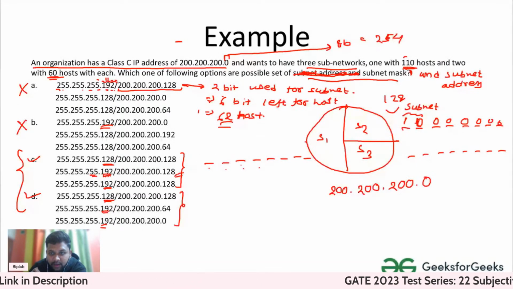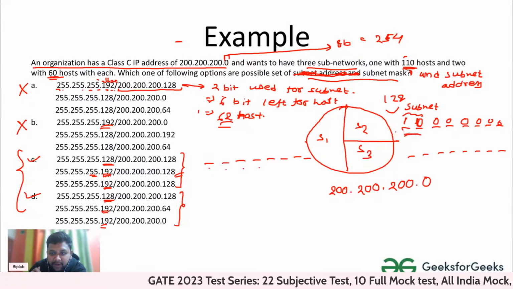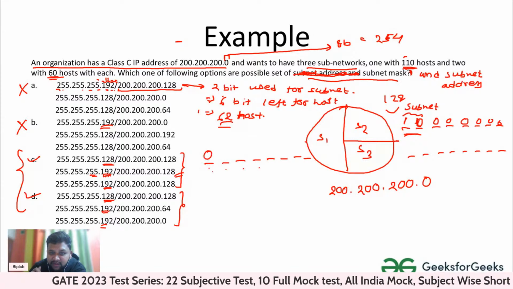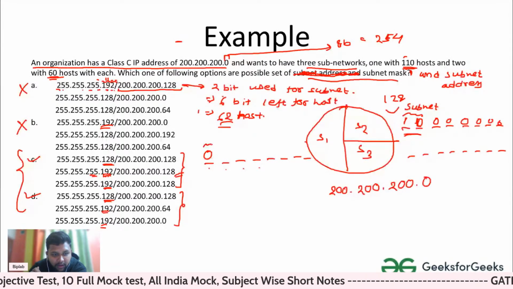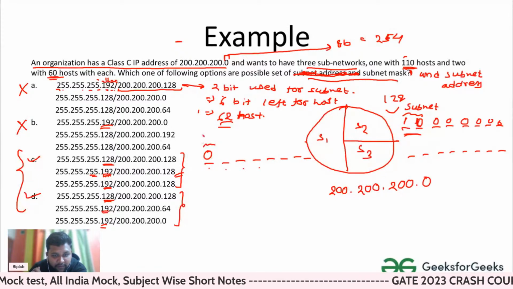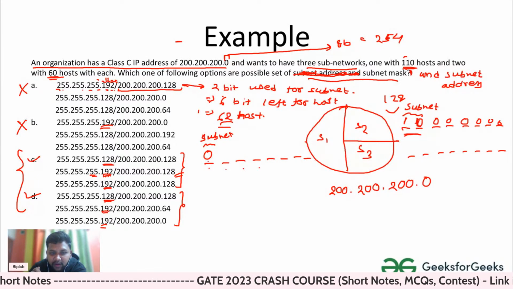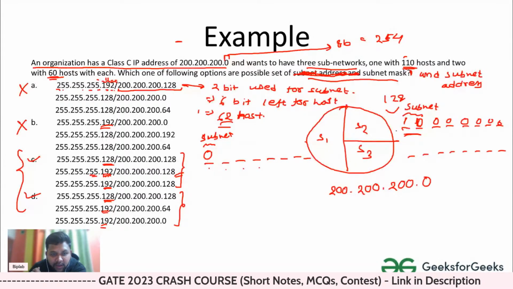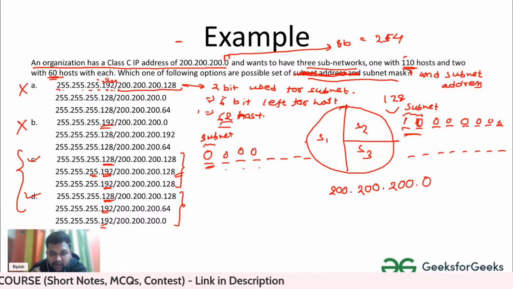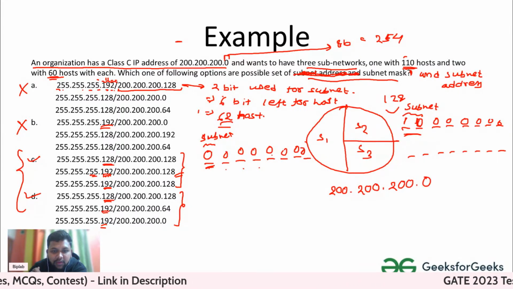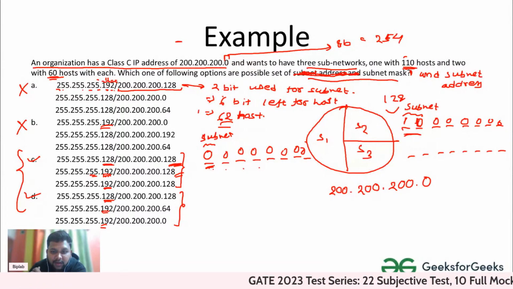Now in that case, if you take 10 as your subnet ID here, you must take 0 here, because you have only one bit as the subnet bit here, so you cannot have one here because one is used here. Even if you put all zeros for your network, 128 cannot be your network ID.